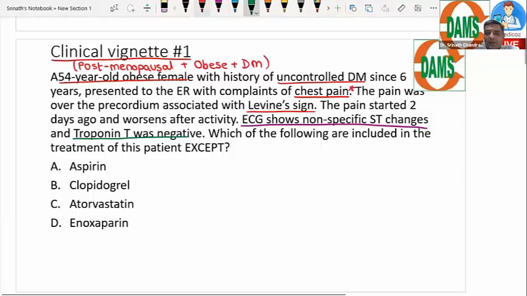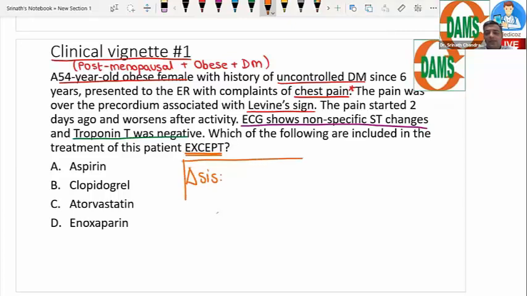I would like all of you to tell me what the diagnosis is and what the correct answer is. I want you to type, and then we can discuss this question in a little more clinical detail. What would be the diagnosis based on the clinical history and the laboratory findings given to you?